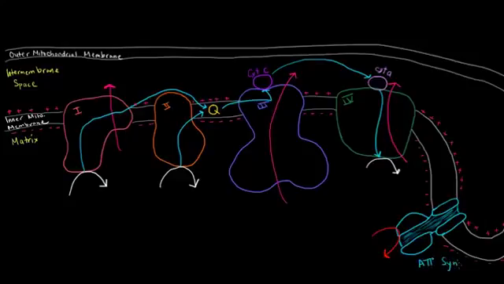So we're going to see how this electron transport chain actually works. If this is the outer mitochondrial membrane here, and this is the inner mitochondrial membrane, then the electron transport chain is along this inner mitochondrial membrane. These are protein complexes along the membrane. Anything inside here is considered the matrix, and anything out here would be part of the intermembrane space.